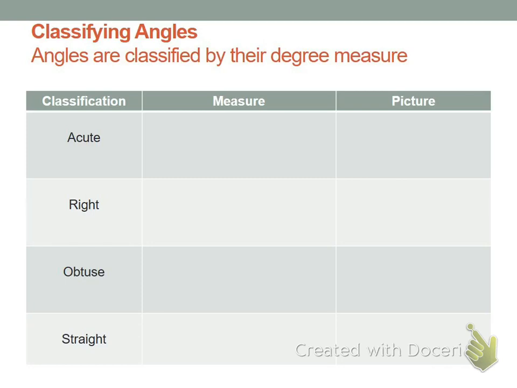So they would be between 0 and 90 degrees. So yes, things like 30 and 45 work for acute angles, but anything between 0 degrees and 90 degrees. We're not necessarily getting out protractors to draw these, but it should be some small looking angle.